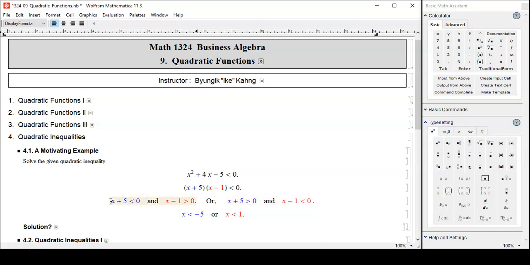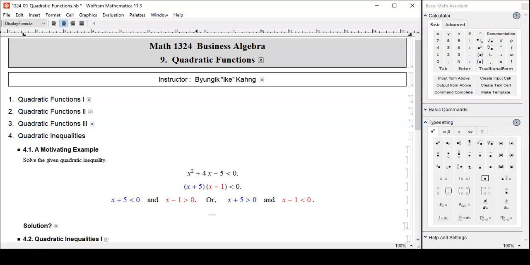Blue is negative and red is positive, or blue is positive and red is negative. Consequently, the conclusion will get a heck of a lot more complicated as well.